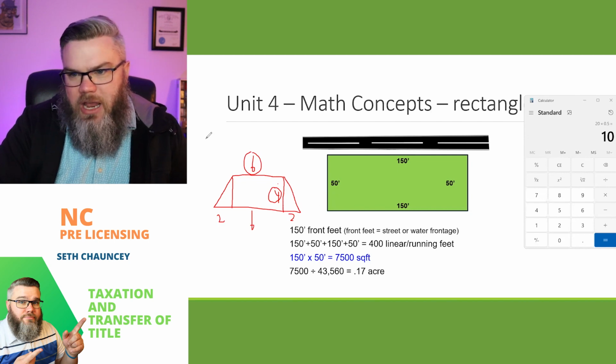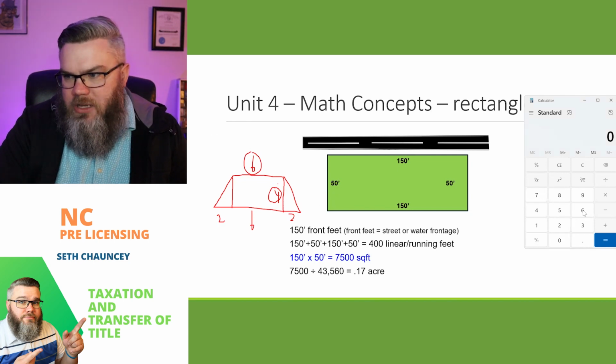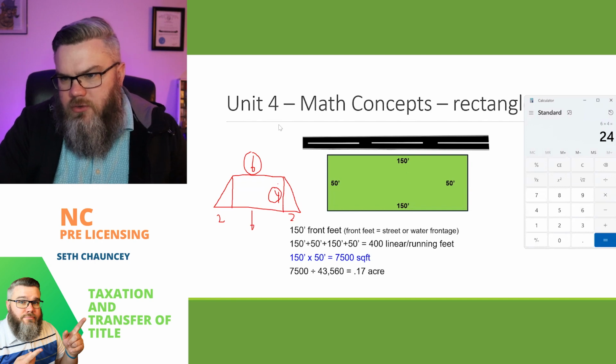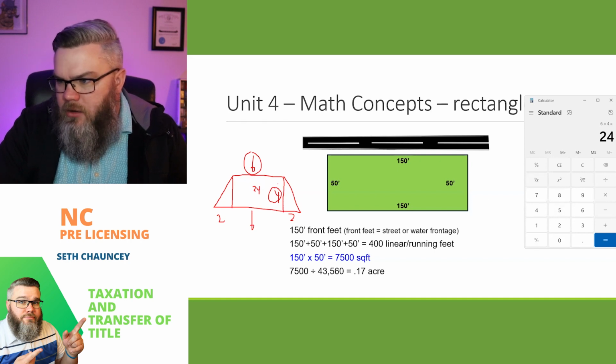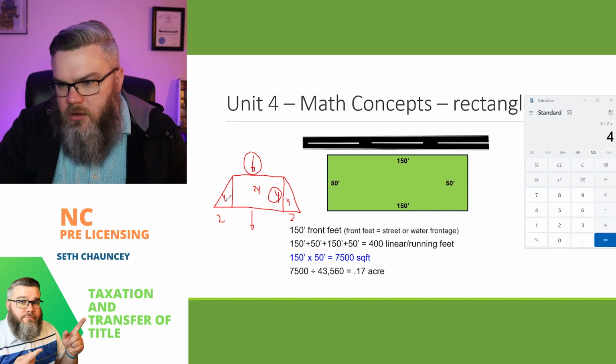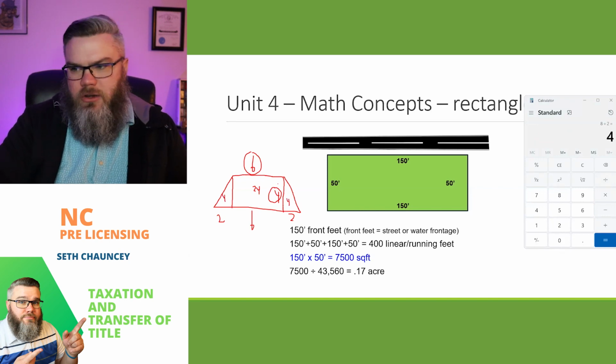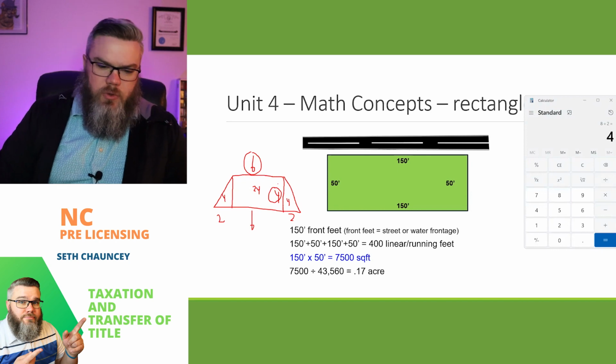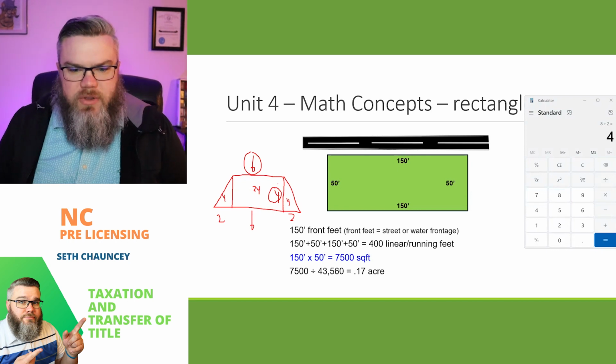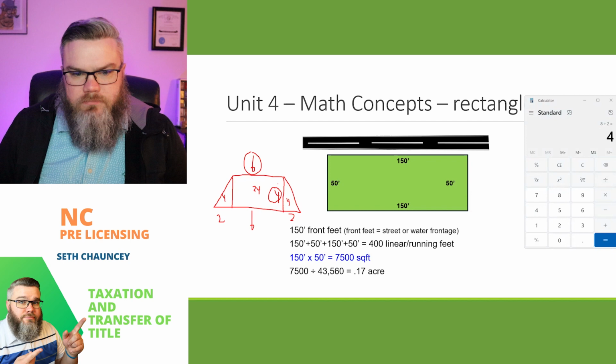So if I said find me the area of this bay window, it would be 6 times 4 for 24 square feet right here. And then each triangle would be 4 times 2 divided by 2, which means each triangle is 4 square feet. Don't overcomplicate it. Then you just add it all up. 24, 28, 32. 32 square feet.